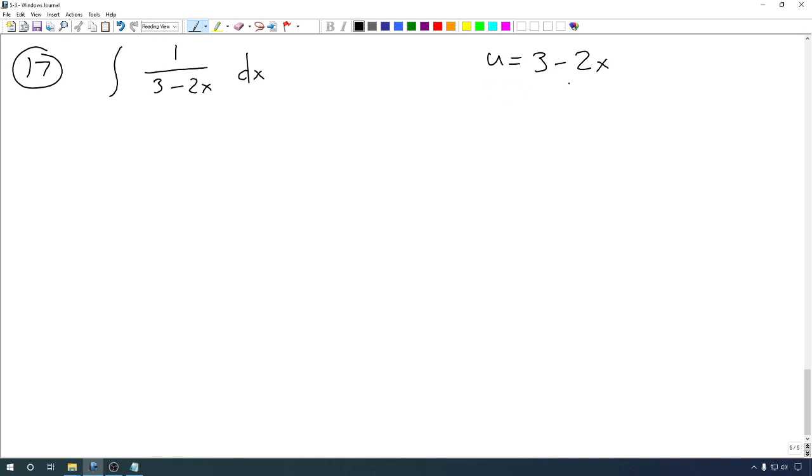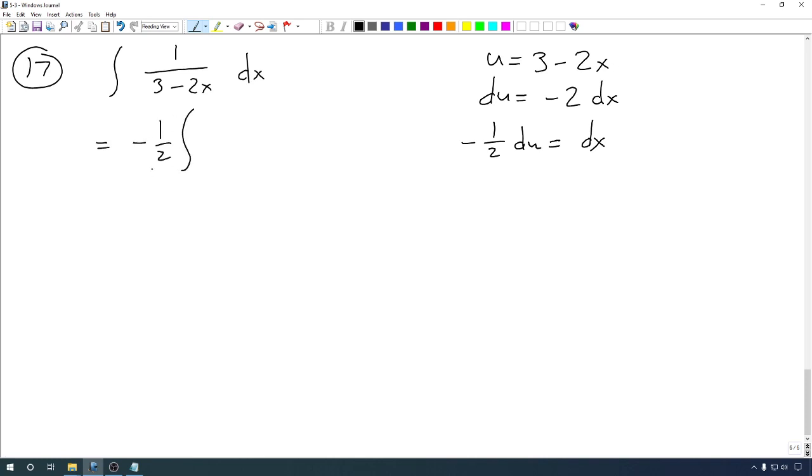So we're going to let u equal 3 minus 2x. We need our differential. du is negative 2 dx. Negative 2 is the derivative here. Of course, we don't have the negative 2 in here. I mean, it's down here, but we'd have to have it up on top. So we'll go ahead and divide by negative 2. That means we do have to introduce a negative 1/2.